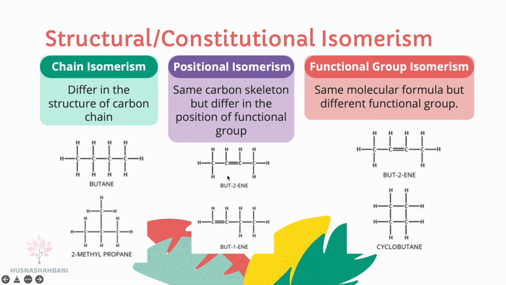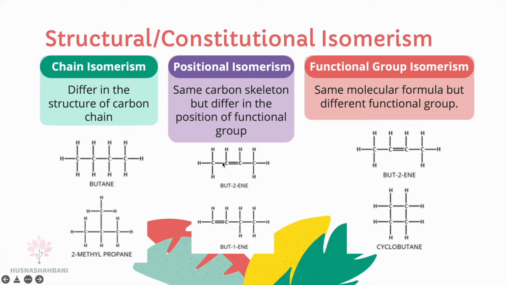This one is 2-ene, or 2-butene. Here, the functional group is the carbon-carbon double bond. This one is 1-ene, or 1-butene. The functional group is the carbon-carbon double bond. So for you to say they are both positional isomers, they need to have the same functional group. The difference is the position of that functional group.